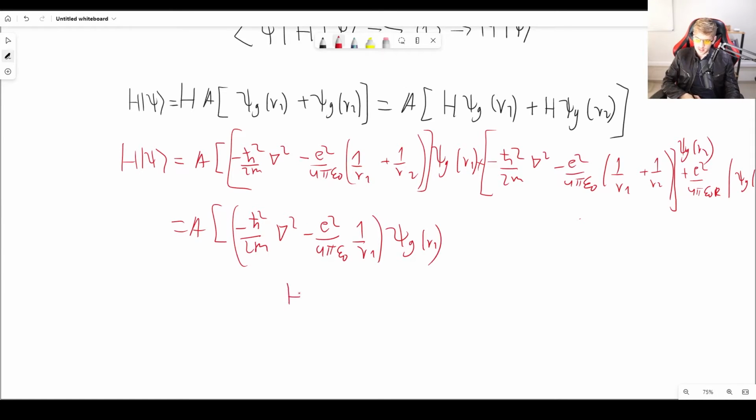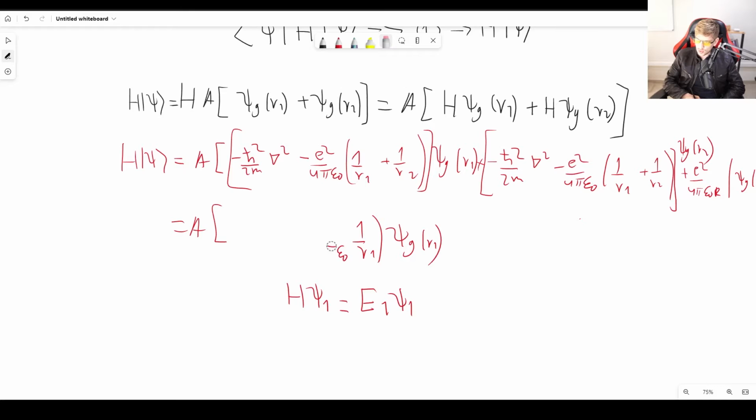This is H acting on psi 1, which we know is E1 acting on psi 1. So we can replace all of this by E1 psi 1, which is a huge relief.